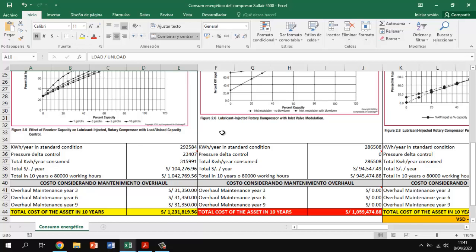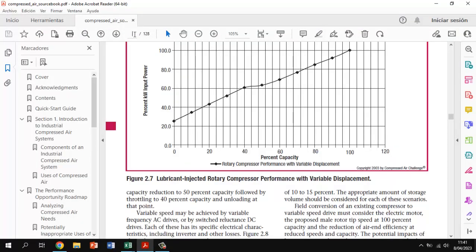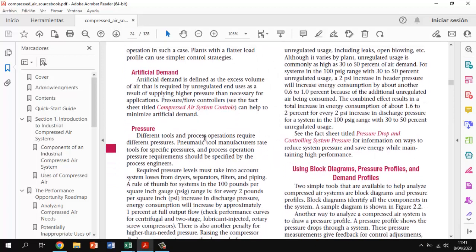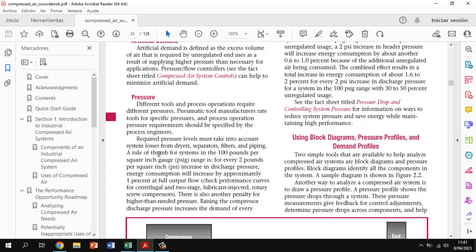That at 100 psi the compressor starts loading, and at 110 it stops, so it starts unloading. So the rule tells us, and this is on page 24: a rule of thumb for systems in the 100 pounds per square inch gauge range, for every 2 pounds per square inch increase in discharge pressure, energy consumption will increase by approximately 1% at full output flow. So that's the important thing.